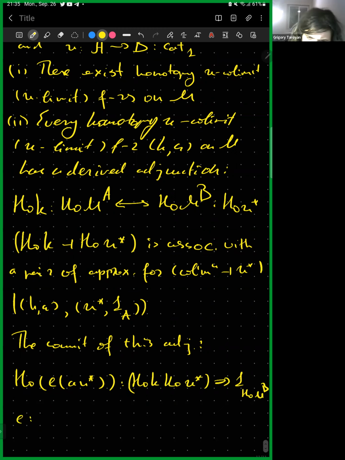Here, E is a natural transformation which comes from the adjunction of colimit and the induced diagram functor.